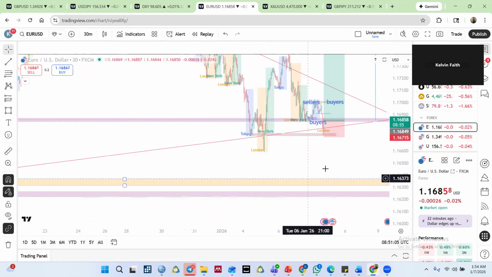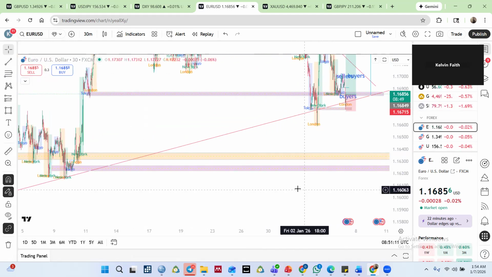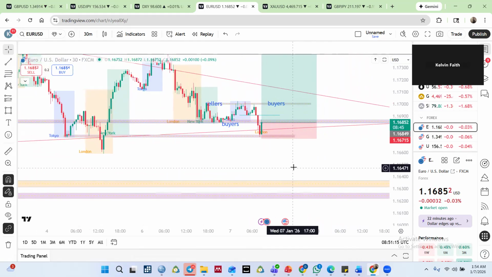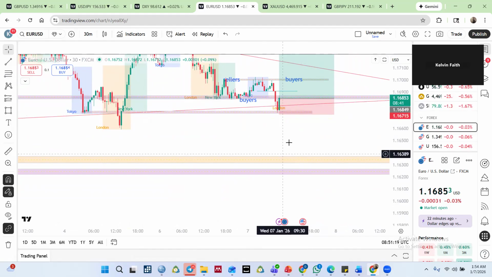Okay, and when I sell, I'm going to sell to this yellow and purple color area here for my short TP. I'm going to look at the market pushing down to this area.